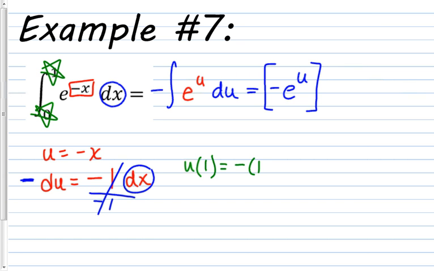So that's negative 1, right? And then plug in the 0. So it's negative 0, which is 0. So now my new limits are negative 1 and 0. Recall that I realized the negative 1 is a smaller number, but it's on top. But I got negative 1 when I plugged in the original upper limit. So it stays in the upper limit spot.